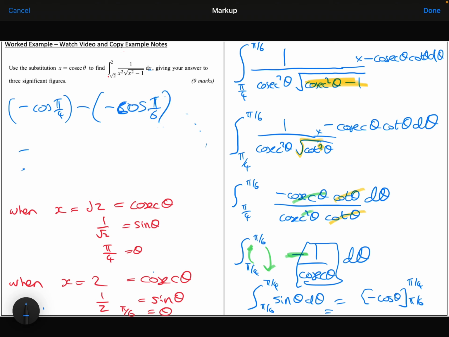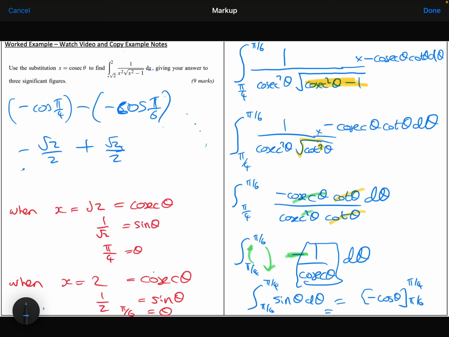So cos pi over 4 is root 2 over 2. Minus, that's plus. Cos pi over 6 is root 3 over 2, sorry.